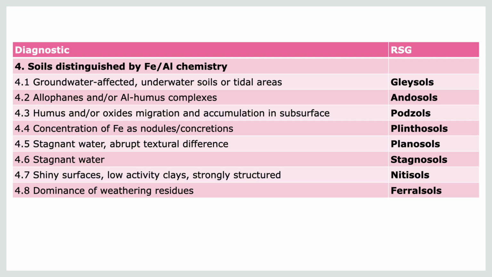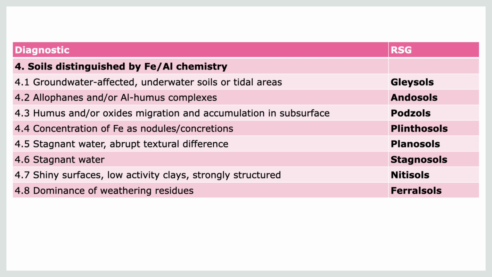We have some soils that have a particular iron and aluminum chemistry because they have a deep complex of organic and metal complexes that are formed by organic matter or low crystalline minerals. In this case, we have the andosols.